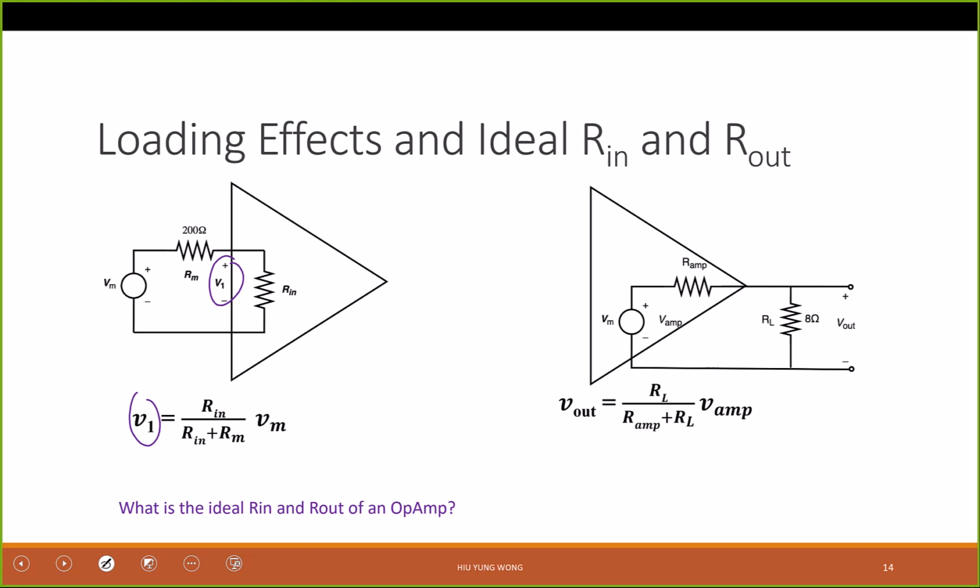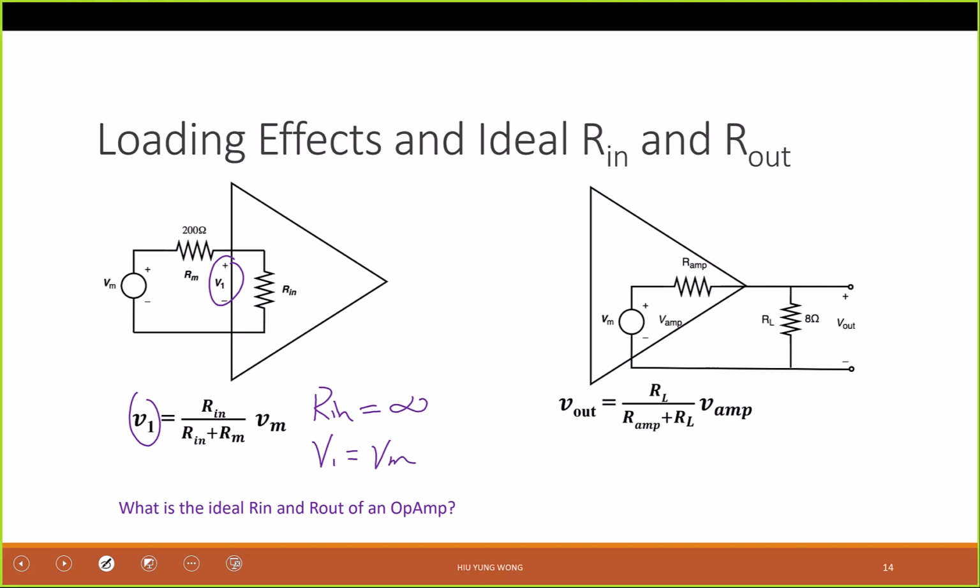You are the one. Now you are the input impedance, right? So almost, very good. So you want R_in equal to infinite, right? Then you have V1 equal to V_m. Just like if you work really hard, you are a good student, even if your teacher is lousy, you can learn all the knowledge. Right? So that's why we hope that the input impedance of any stage of a voltage amplifier needs to be infinite, right? Then I don't care about what happened to the previous stage.